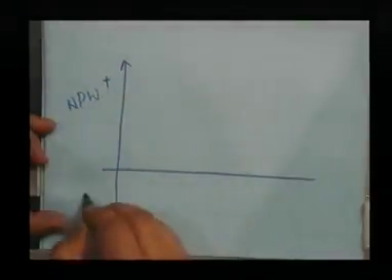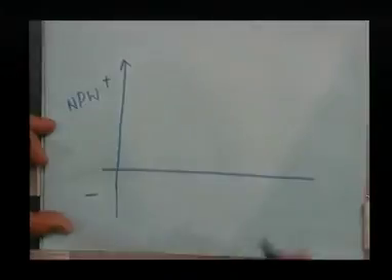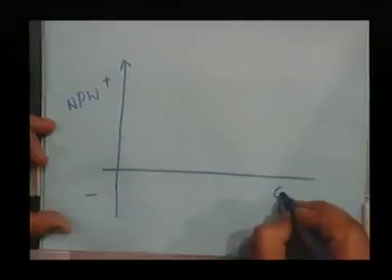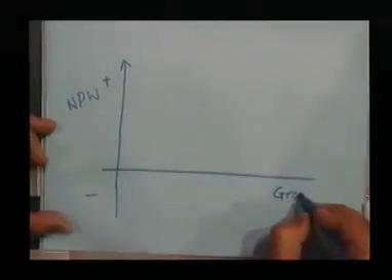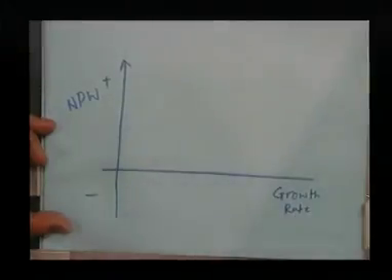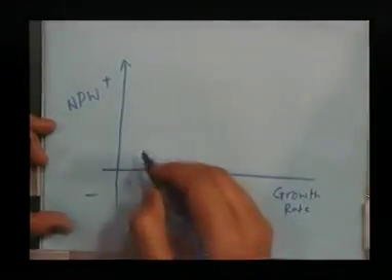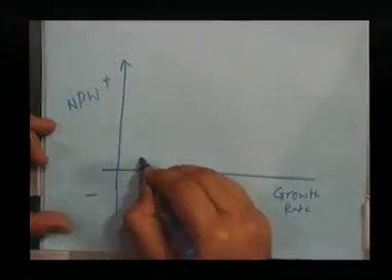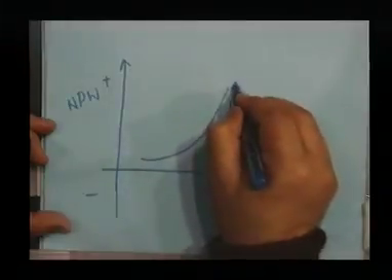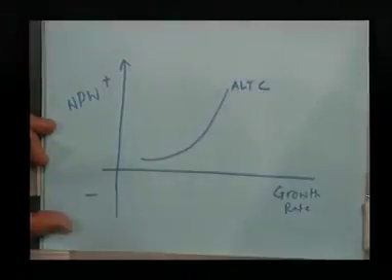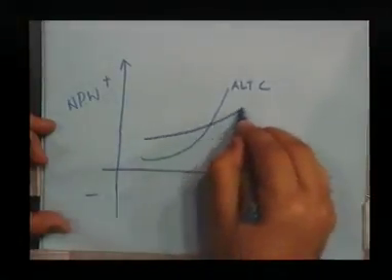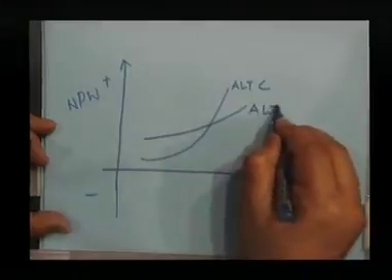This is in plus side, this is in minus side, and let us say here it could be anything such as, let us say I assume growth rate. I may get a curve like this. I call this as alternative C.